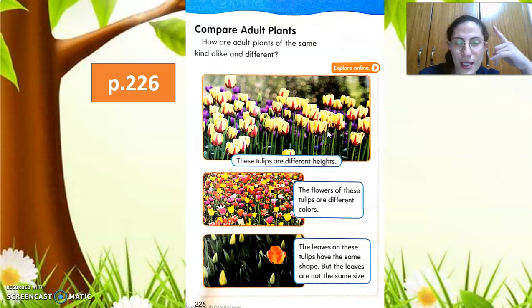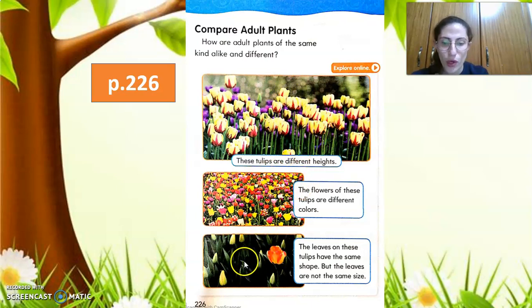Take a minute to think. What does it look like? What shape does it have? Correct. It is round at the bottom and pointy at the top. We could see that it has a pointy top. What else? It has long stems, excellent, and pointy leaves, right? In the third picture, we could see that it has pointy leaves.